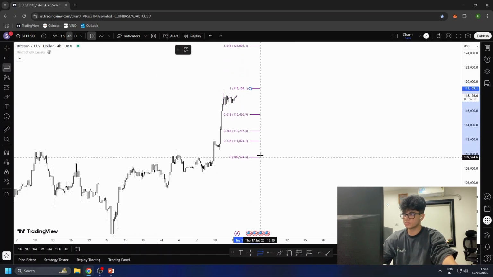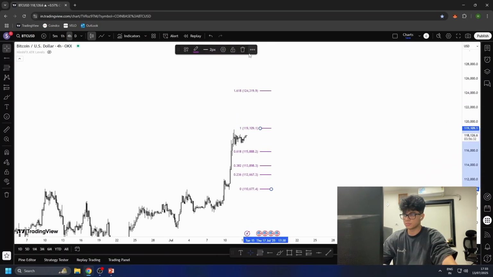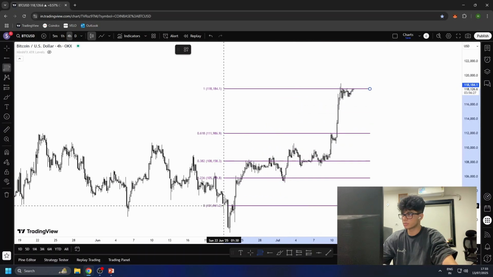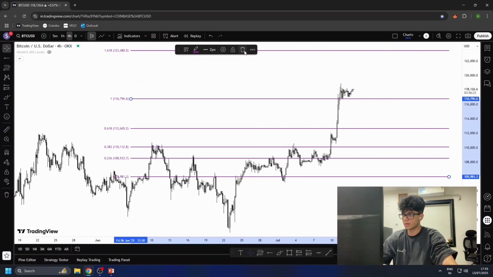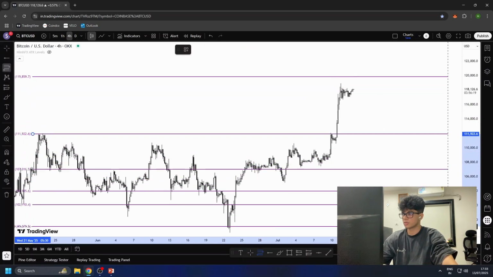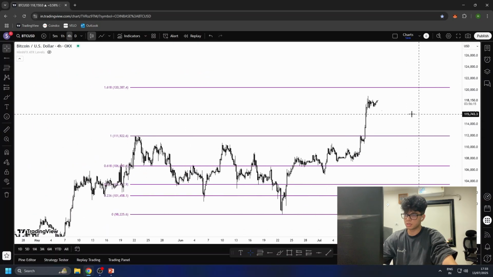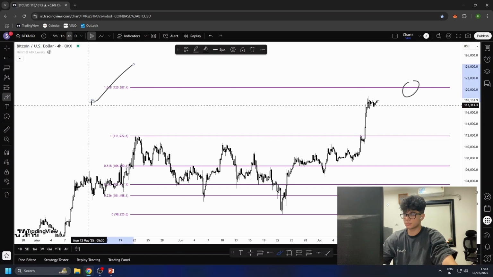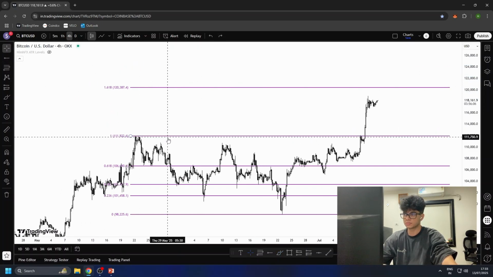If you thought that we fib like this, that is actually pretty wrong, right? You never want to fib from right to left. You always want to fib from left to right. Okay, I'll show you. So go here, fib till here, then you look at where the resistance is next, and here it is, 120k. That's going to be the next Bitcoin resistance.